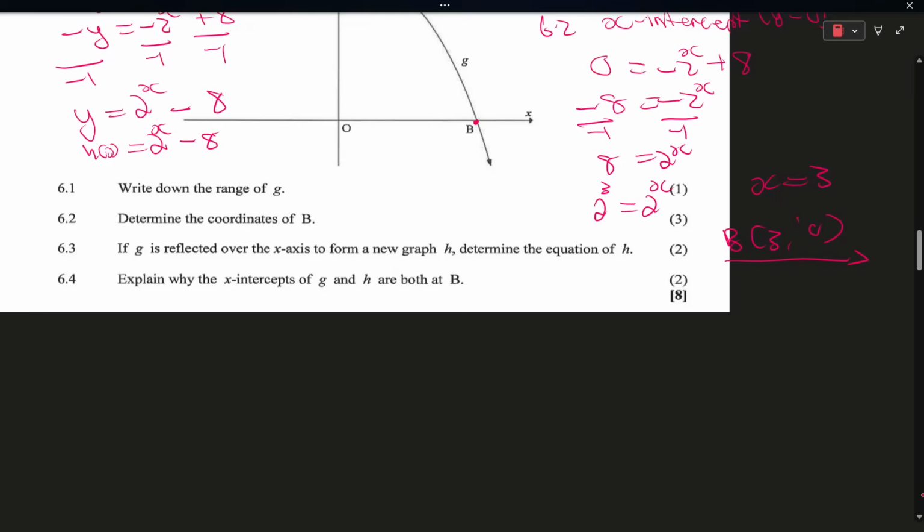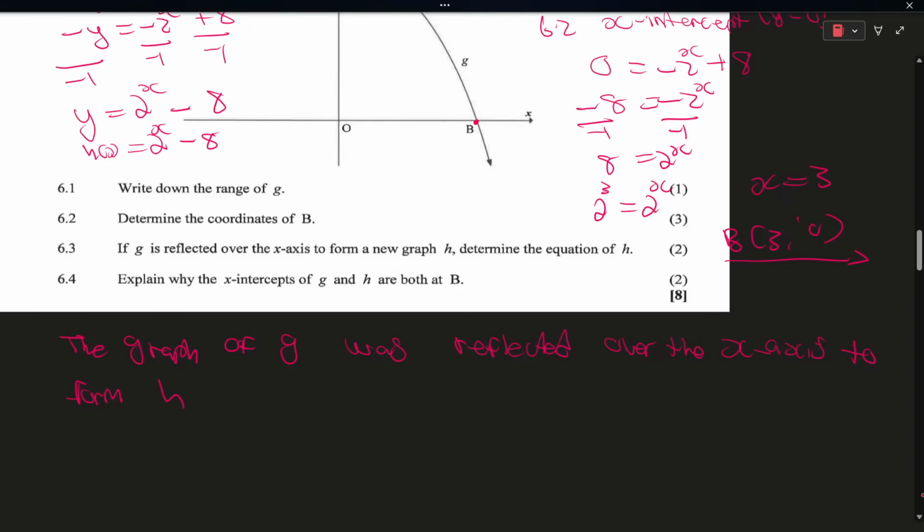So here we'll simply say the graph of G was reflected over the x-axis to form the graph of H.